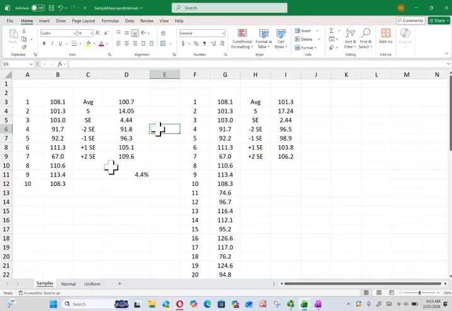The standard error is 4.4% of the average, so that this one is twice that number down. And it's easy to do. It's 8.8%. The next one down is 4.4%. And these are negative because I'm going down. This is minus 8.8% and minus 4.4%.